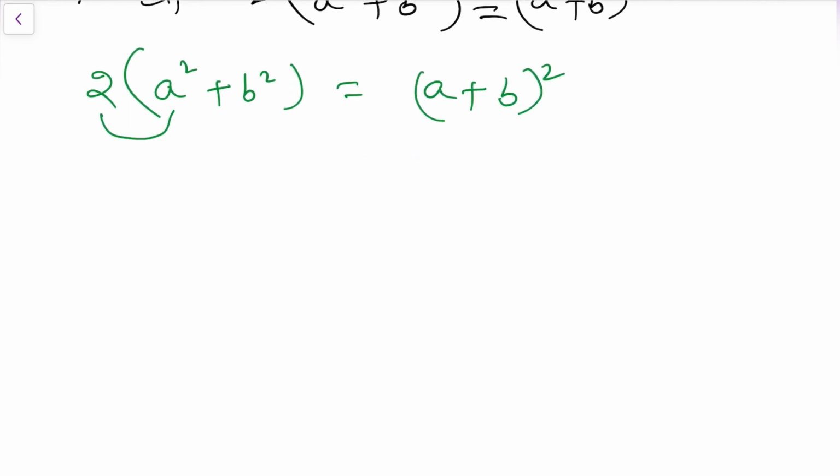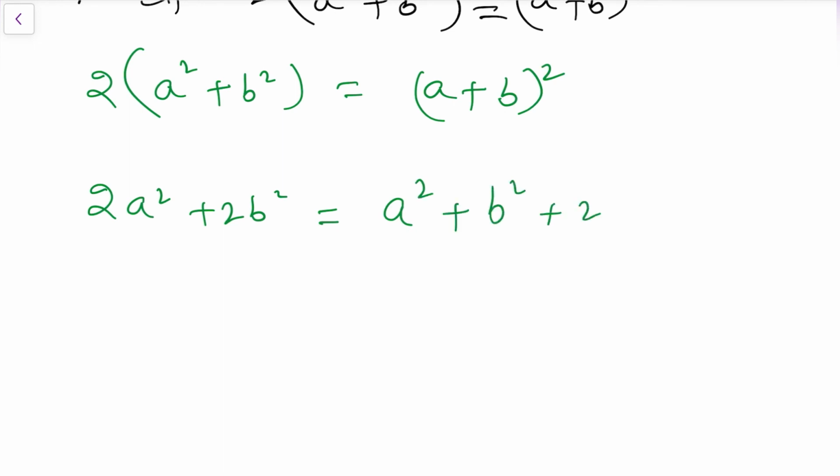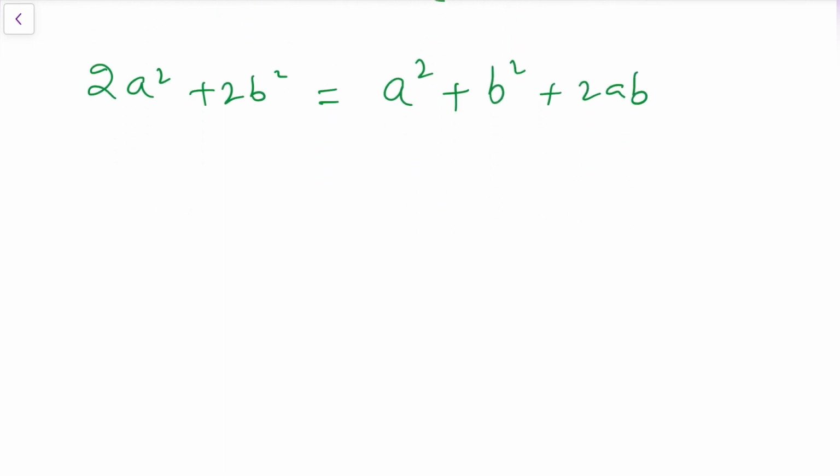So 2 into a square is 2a square, 2 into b square is 2b square, equal to the right side, a plus b whole square. If we expand the a plus b whole square formula, we will get a square plus b square plus 2ab. Everything I will take to one side.